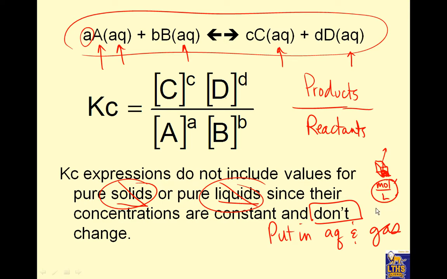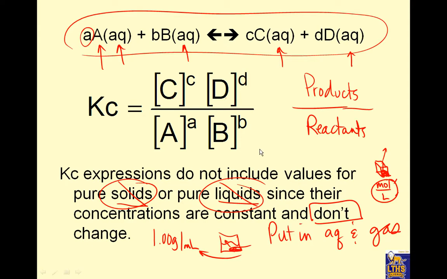We could also talk about water. Water's density is 1.00 gram per milliliter. If I have some pure water in a reaction and some of the water turns into something else, the rest of the water still has a density of 1.00 gram per milliliter, which is essentially its concentration, so it doesn't change.